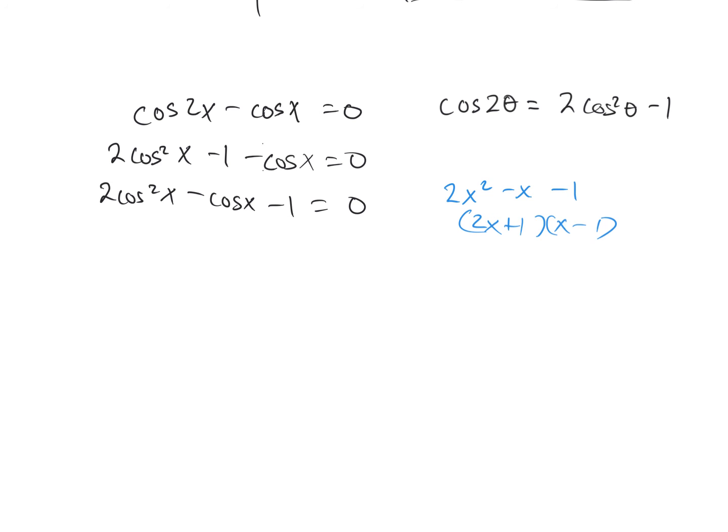But this time I'm using cosine. So this is 2 cosine of x plus 1 and cosine of x minus 1. That means my cosine of x equals negative 1/2, and my cosine of x equals 1.